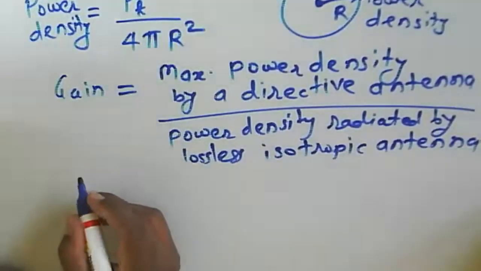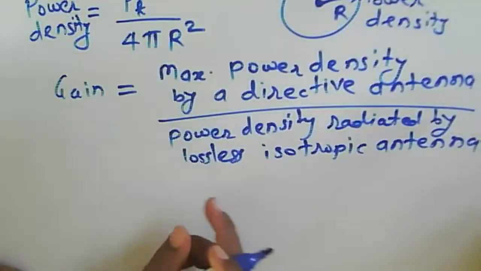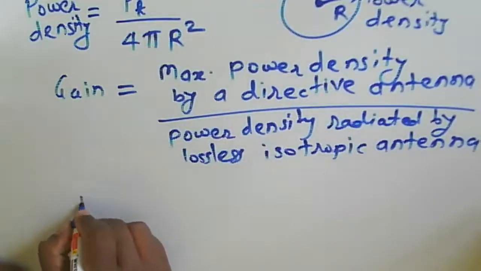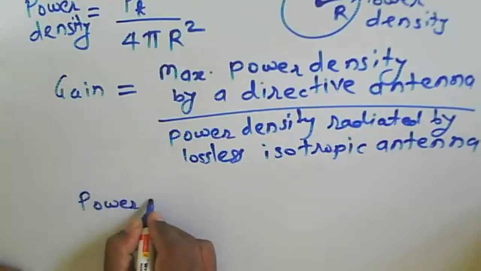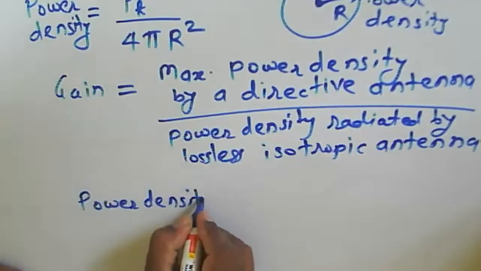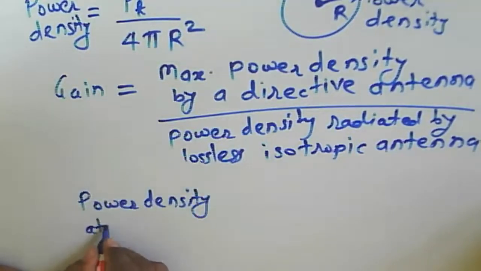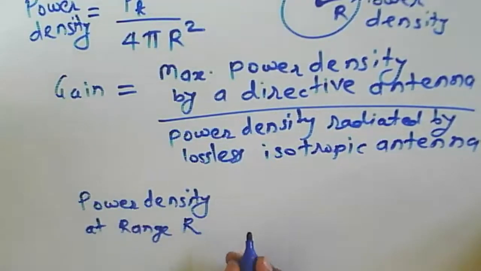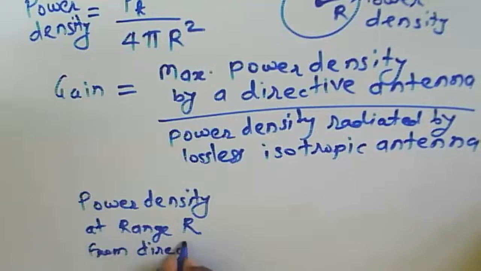In that case, for a given particular antenna, we can find the power density at a distance or range r from the directive or directional antenna.